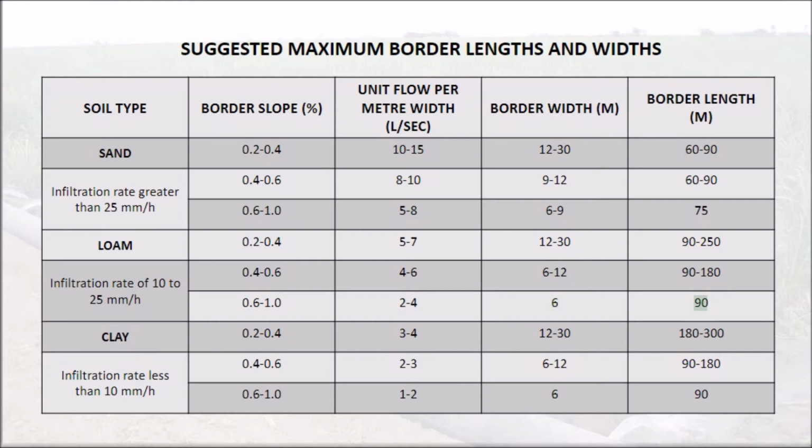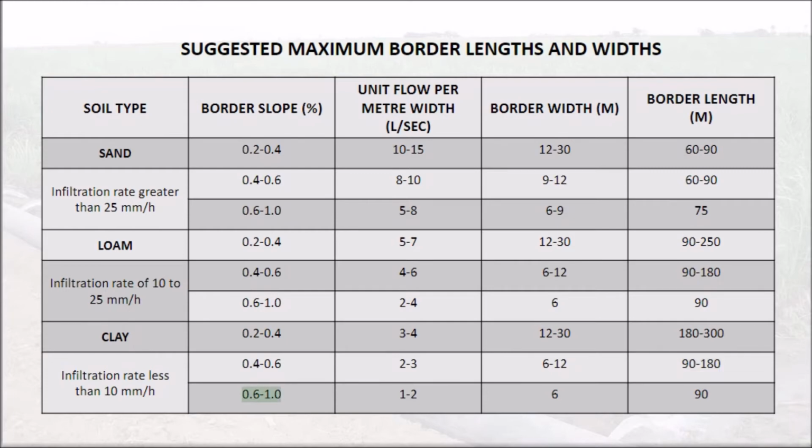Clay, infiltration rate less than 10 mm/h: slope 0.2 to 0.4, flow 3 to 4, width 12 to 30, length 180 to 300. Slope 0.4 to 0.6, flow 2 to 3, width 6 to 12, length 90 to 180.